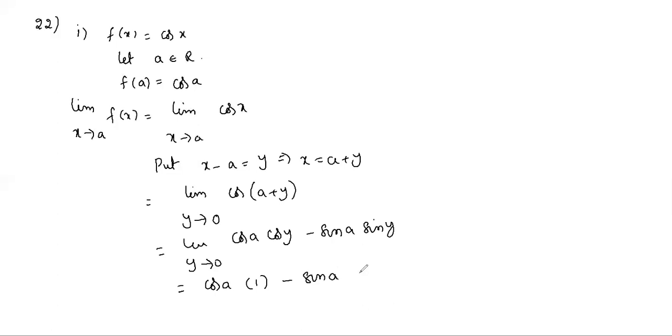So it is equal to cos a, which is also equal to f of a. Therefore cos x is continuous on all real numbers. Similarly, we can prove cosecant, secant, and cotangent.